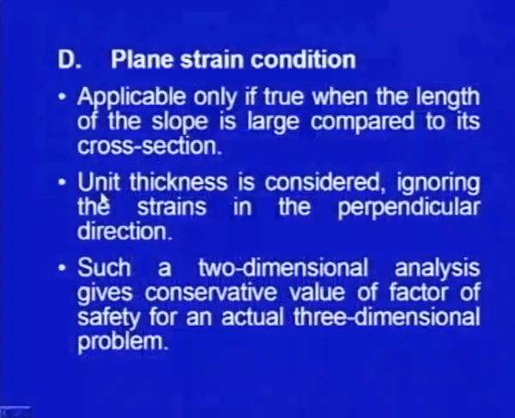That means, in 3 dimension the same geometry of the section is continuing for a large distance. And in the analysis we consider unit thickness, ignoring the strain in the perpendicular direction. So, for analysis purpose, we will be taking the dimension perpendicular to the plane of paper as unity, and then taking that unity we will be analyzing the slopes.